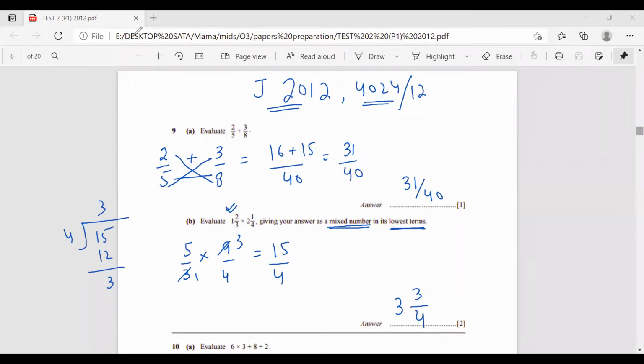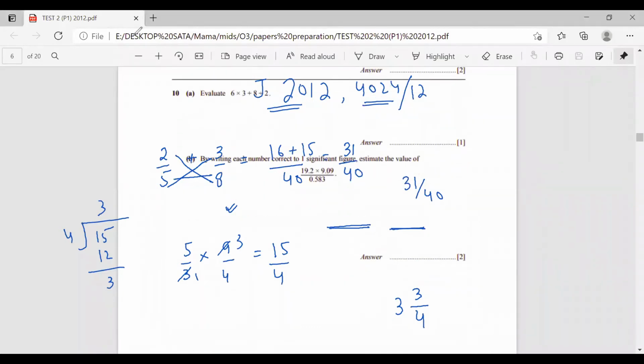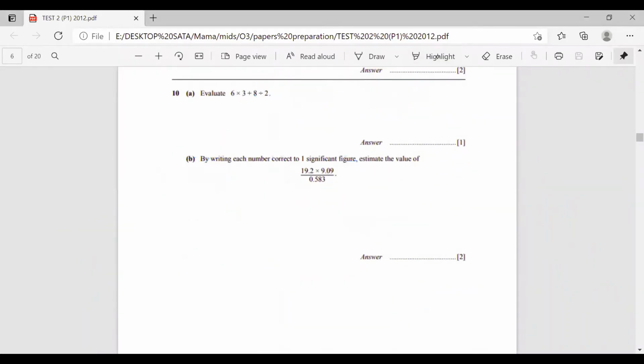Next is question number 10. Question number 10 says, evaluate 6 into 3 plus 8 divided by 2. To simplify, you have to get the answer by using BODMAS, that is bracket, order, division, multiplication, addition, and subtraction.